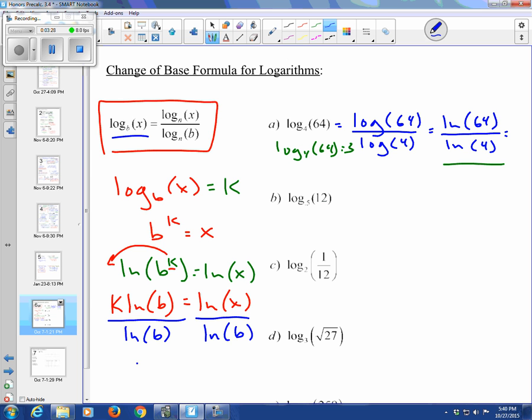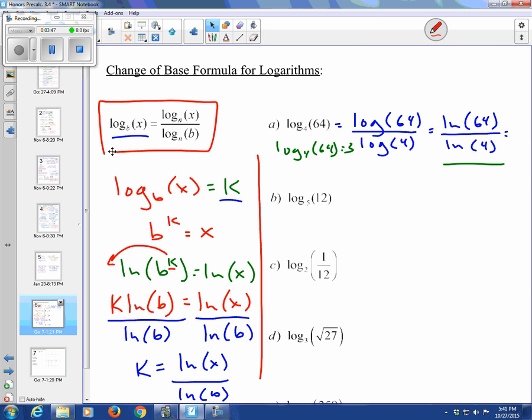And we will get our change of base, which is basically log base b of x equals k, and k equals the natural log of x divided by the natural log of b. And that is the proof of change of base.